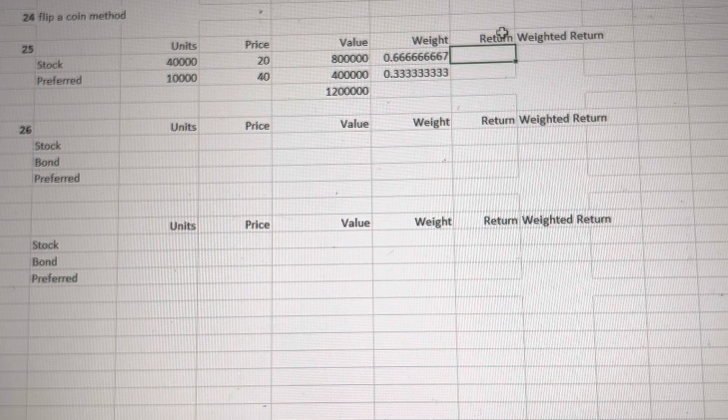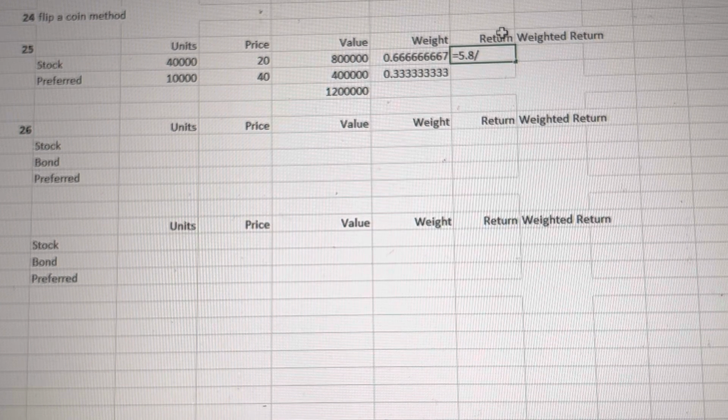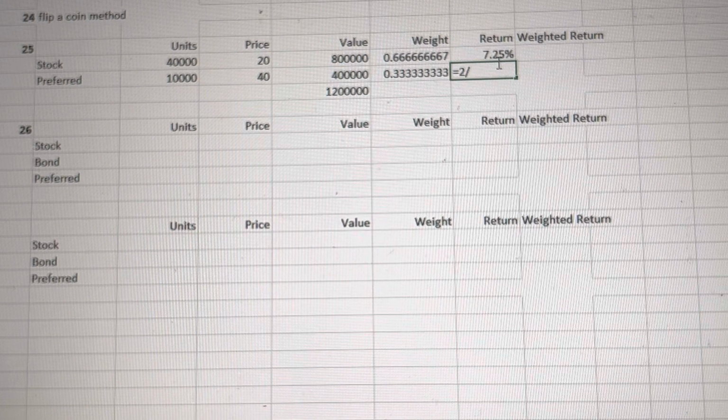The return is the $5.8 divided by the $80 common stock price. And for the preferred, it's the $2 dividend divided by $40 per share.